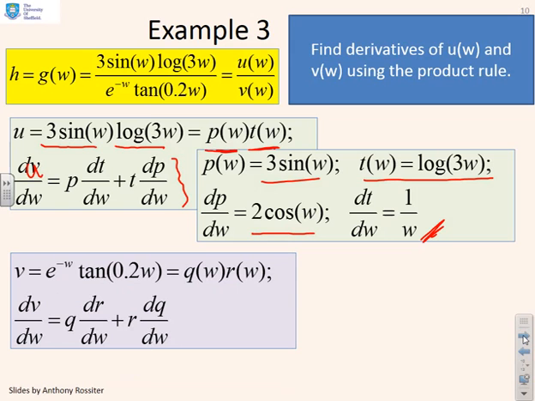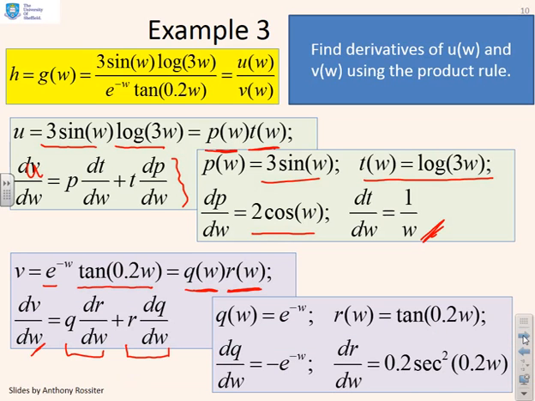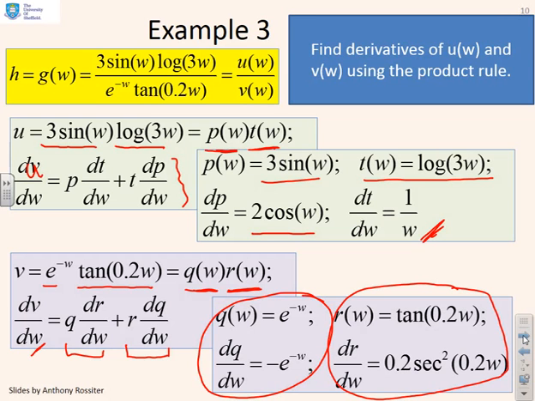Similarly, for v, you'll see that v is e^(-w) tan 0.2w, which I've written as q times r, and so now dv/dw is q dr/dw plus r dq/dw. And here you'll see q and dq/dw defined there, e^(-w) and minus e^(-w), and r and dr/dw are defined there.